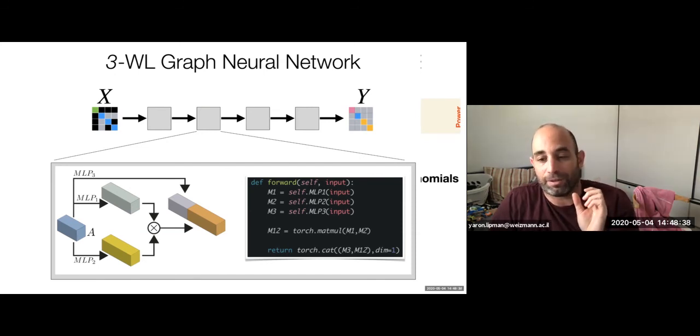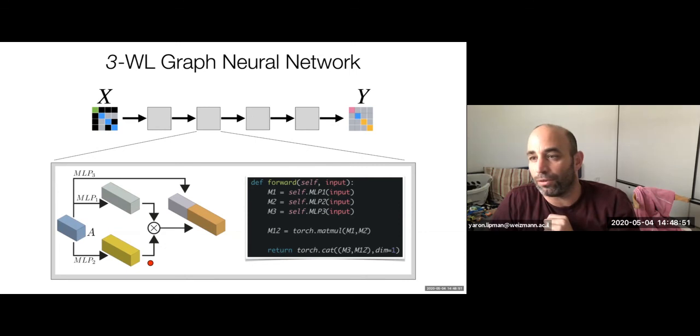So the input to each layer is a matrix. Again, there's a feature dimension which I'm ignoring here. And now you apply an MLP to each of the inputs. The MLP is only in the feature dimension. And then you do matrix multiplication of matching layers, and you concatenate the input.